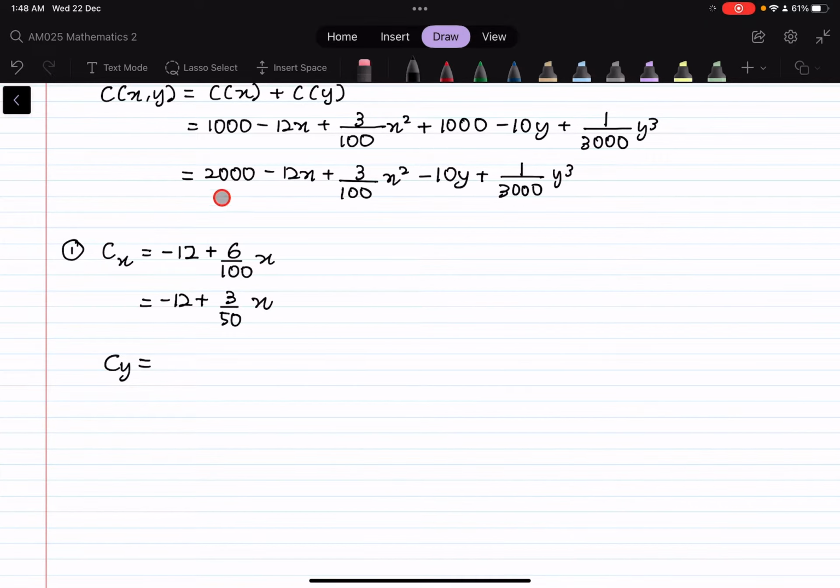So let us find c sub y. Differentiate 2000 minus 12x plus 3 over 100 x squared with respect to y, which is 0. Differentiating negative 10y with respect to y is negative 10.